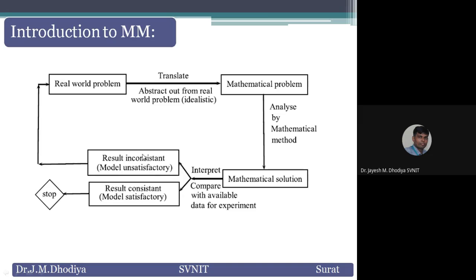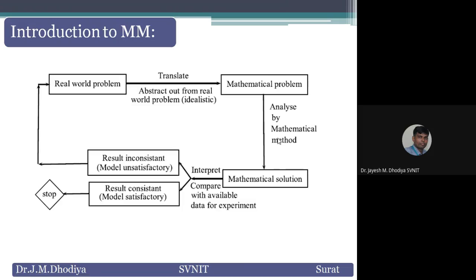If the result is not satisfactory or the model is unsatisfactory, that means there are some problems. The problem may be in our conversion from the real world phenomena to the mathematical model, or in whatever solution technique we applied. Either there is a problem in the mathematical formulation, or in the solution technique.